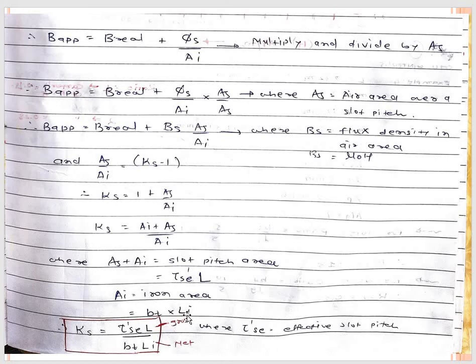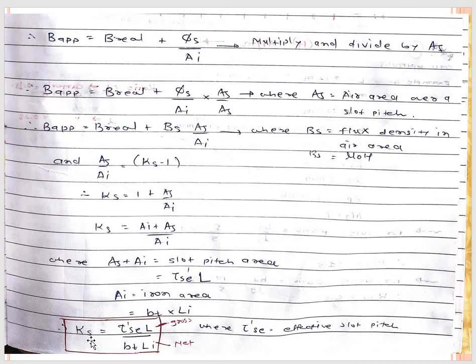AI is given by BT into Li, where Li is the net iron length and BT is the width of the tooth.